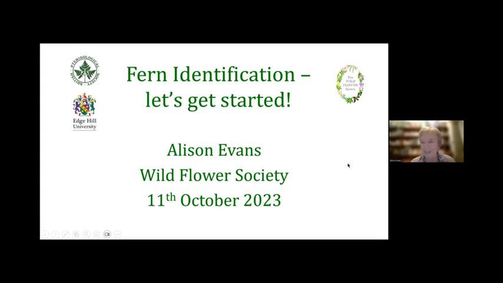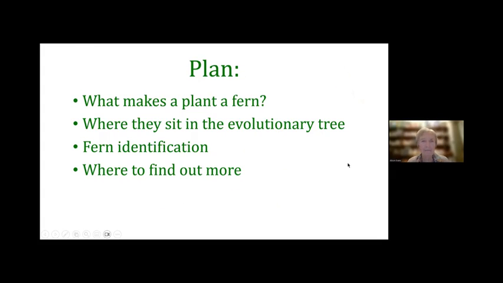So my plan, Janet said start at the beginning. So I'm going to start really with the very basics and how you decide that something is a fern. A little bit about how ferns are related to other plants.